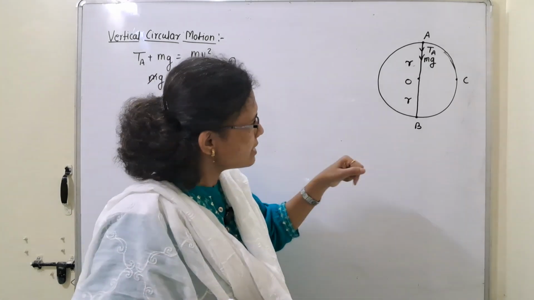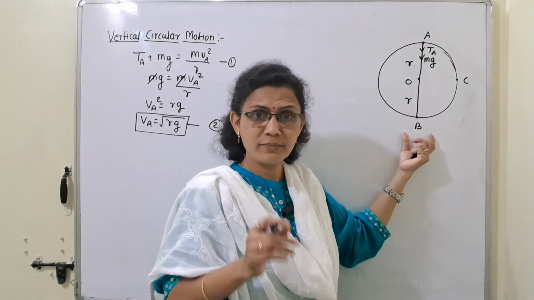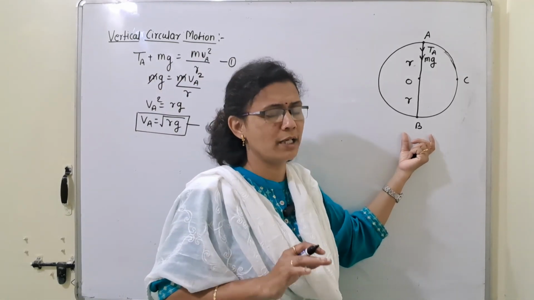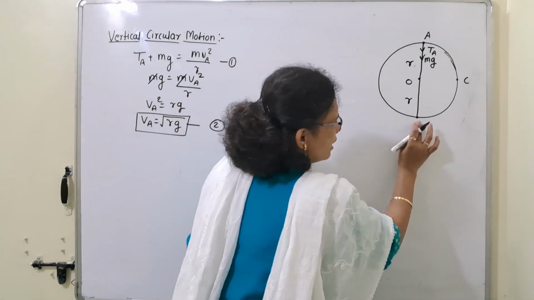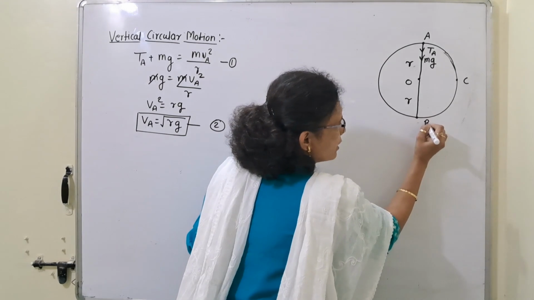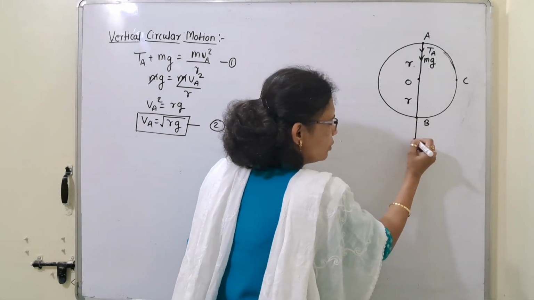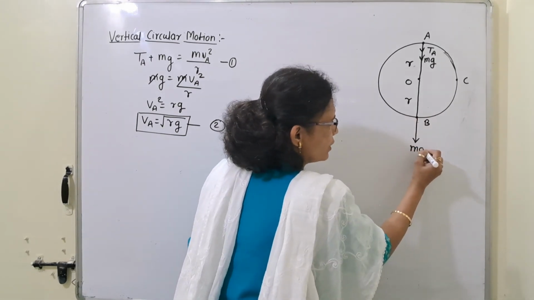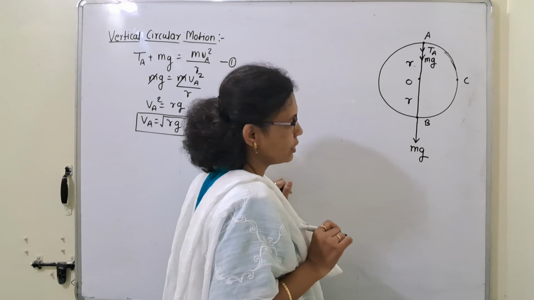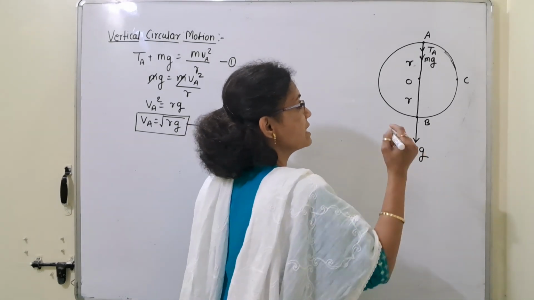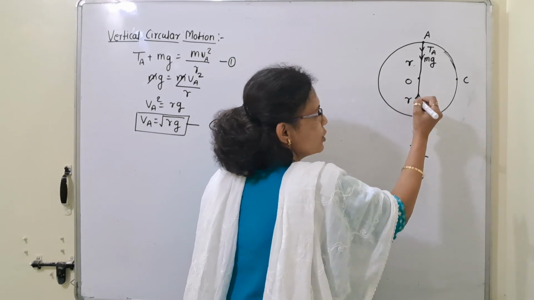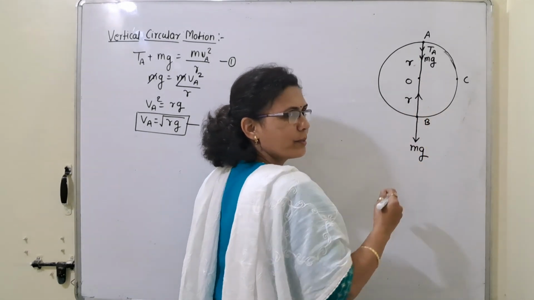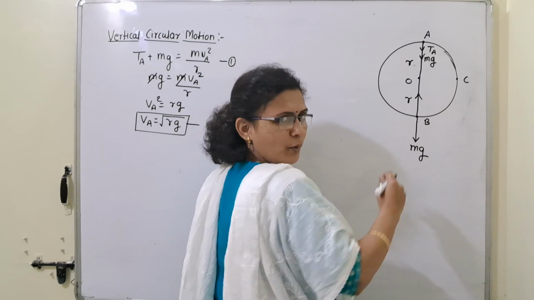Now, if I consider position B, at position B there will also be two forces acting on this body. Which are those two forces? See, this will be here. This force is the weight force mg acting on the body, and another force is the tension in the string, and that tension will act towards the center of the path. Why? Because tension always acts away from the body.